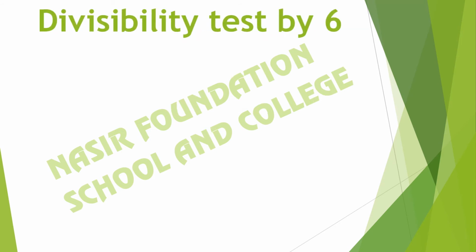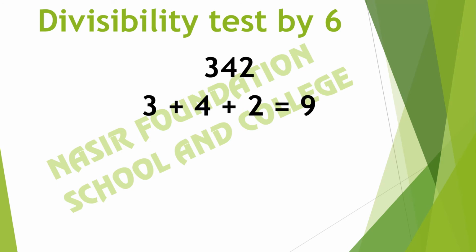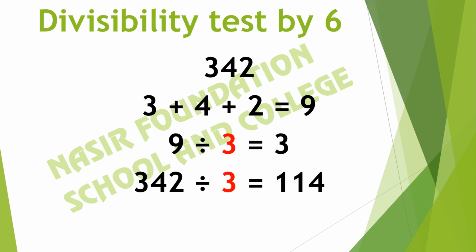Now we will apply the divisibility test by 3 on this number 342. The first step is to add all these digits. 3 plus 4 plus 2, we get 9. Now we will divide 9 by 3. We get 3. 3 times 3 is 9. It means this number can be divided by 3.